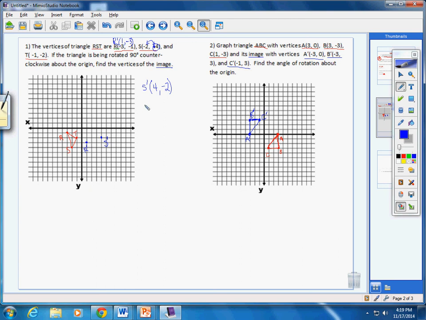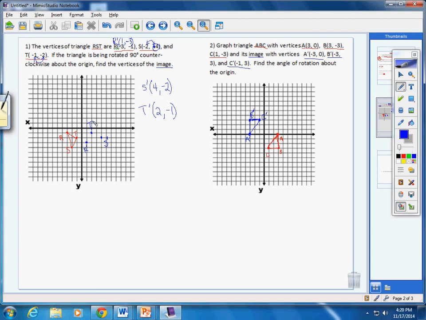And then let's go on to T prime. Same thing. Flip-flop these guys and make the new x negative. So since it's already a negative 2, a negative negative 2 makes positive 2. And our negative 1 stays the same, but it becomes our y value. So T prime is at (2, -1).